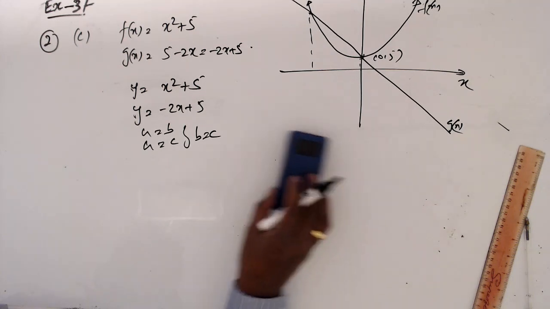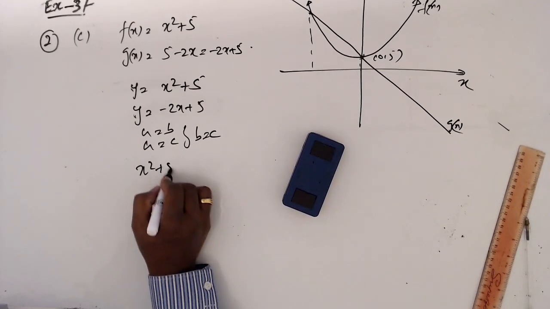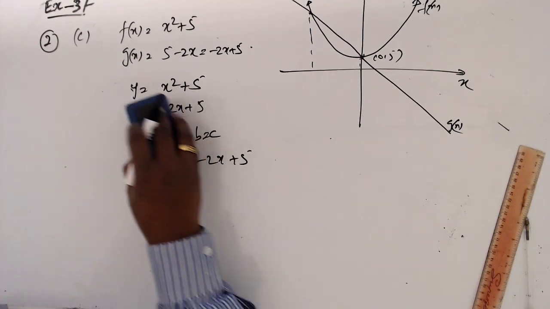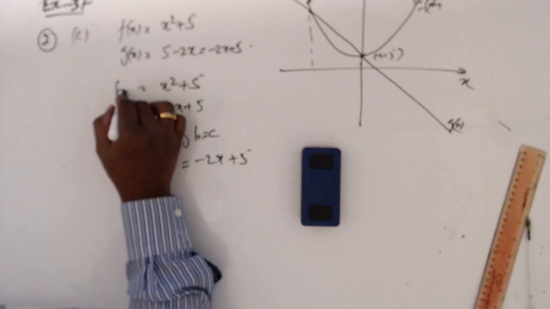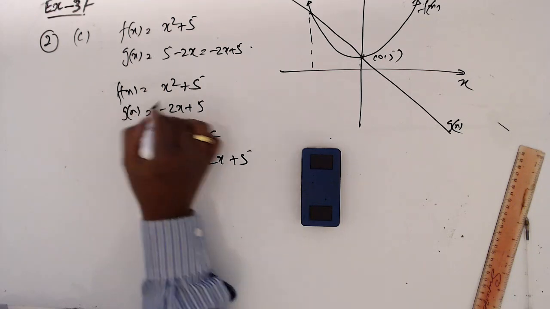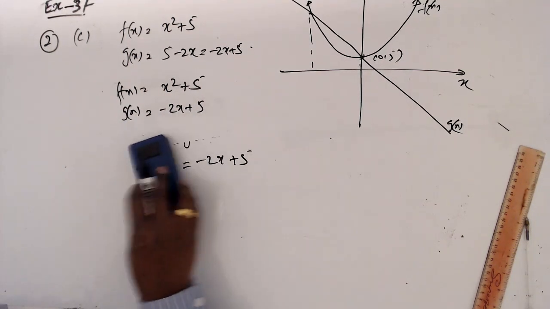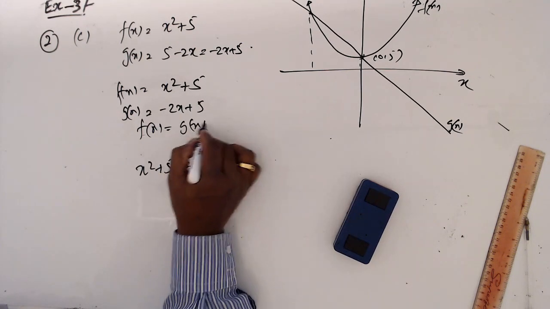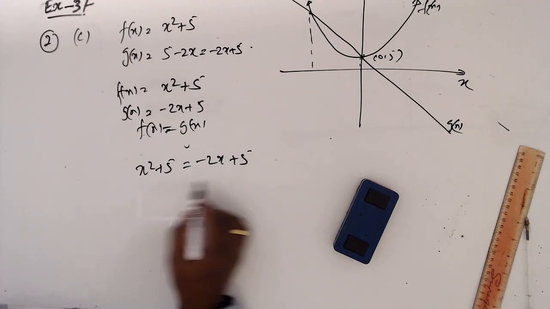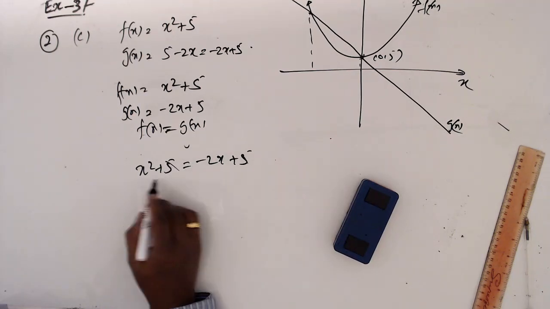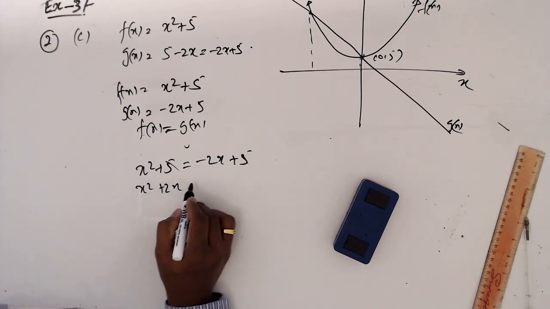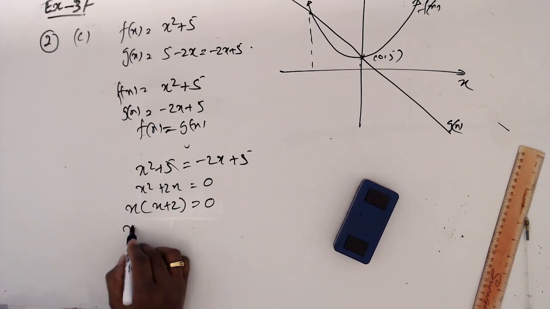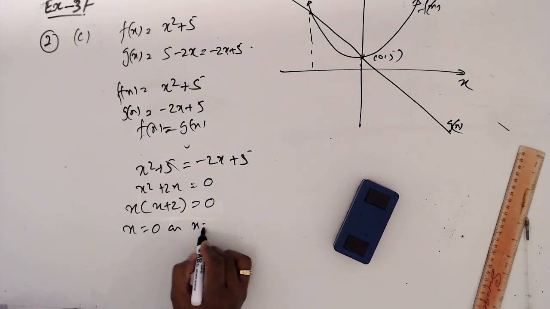Likewise now, x squared plus 5 equals minus 2x plus 5. So x squared plus 5, the 5s cancel out, x squared plus 2x equals 0, x is common, x(x plus 2) equals 0, x equals 0, x equals minus 2.